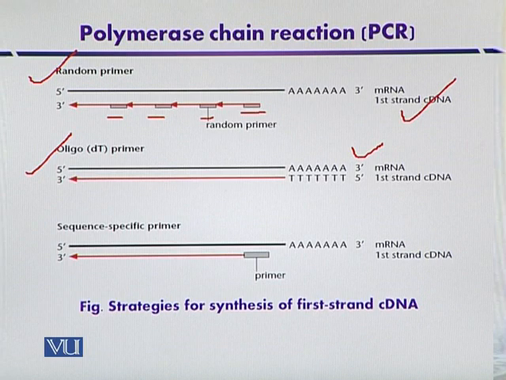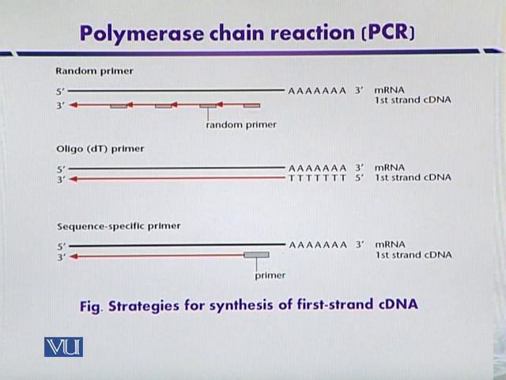The third is that sequence-specific primers can be used. So for this purpose, we must have the idea about the sequence of the messenger RNA. So these are the three main strategies that can be used for the synthesis of the first strand from messenger RNA.